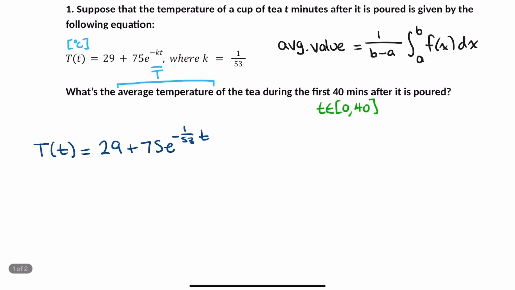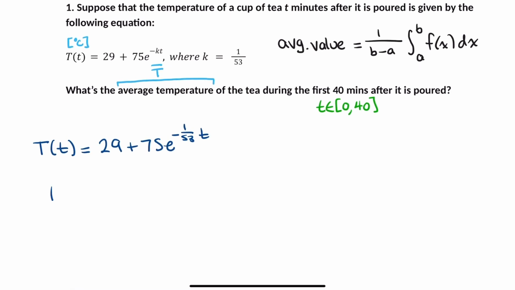And so we can call the average value capital T with the bar above it. And this will be equal to 1 over 40 minus 0 multiplied by the definite integral from 0 to 40 of T of t dt.